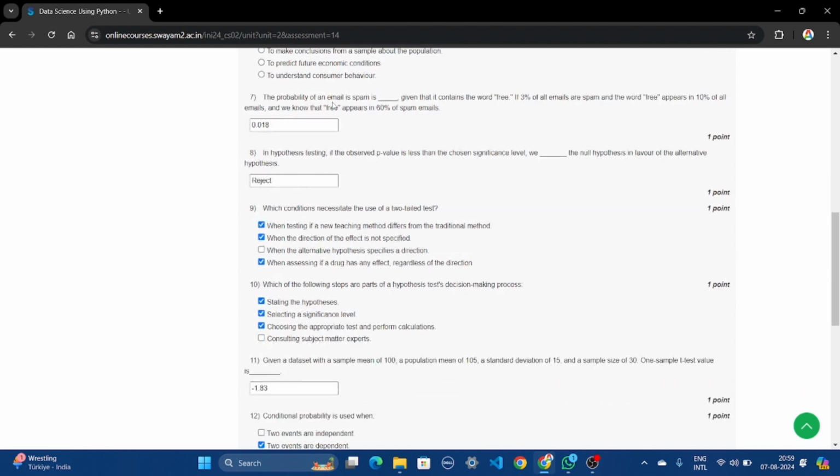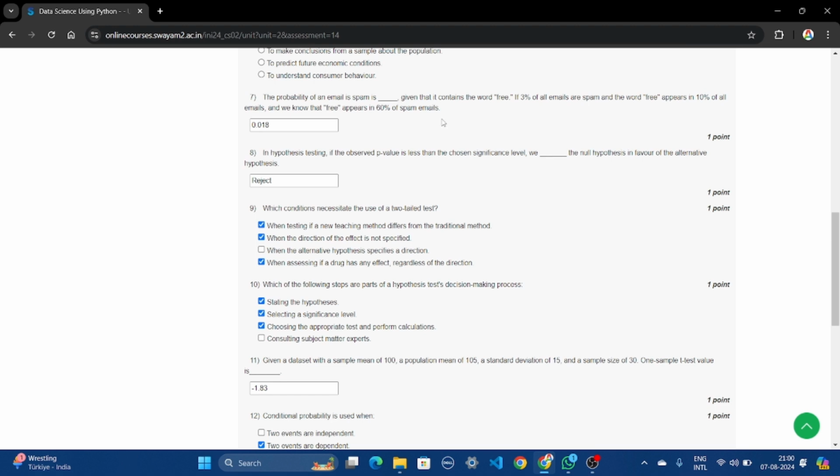The probability of an email is spam is dash, given that it contains the word free. If 3% of all emails are spam and the word free appears in 10% of all emails, and we know that free appears in 60% of spam emails. So here we have to calculate based on the formula.